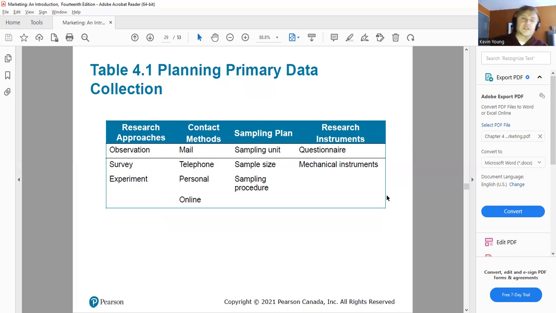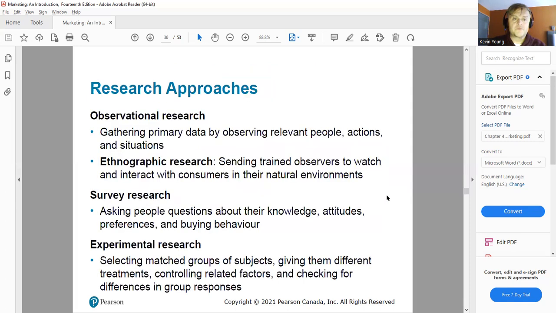So there are various different types of research approaches. And here we have some definitions, which I will not read. You are free to do so, but we have observational research, ethnographic, survey research, and experimental research.